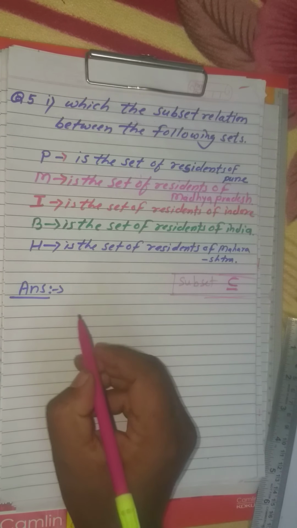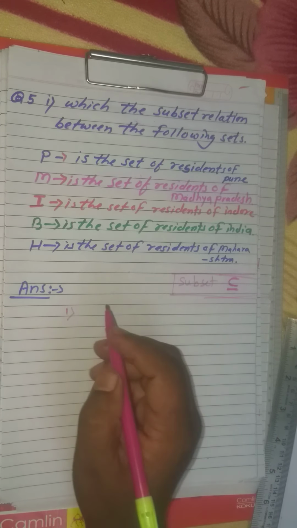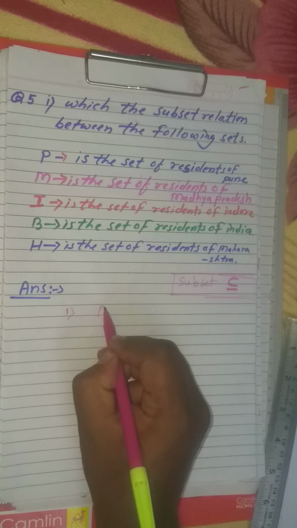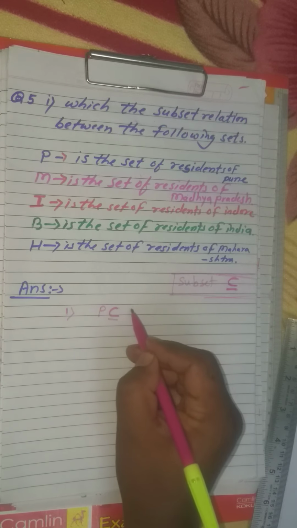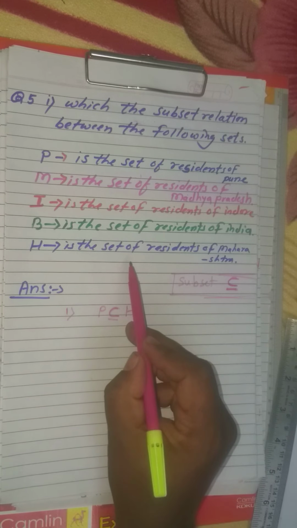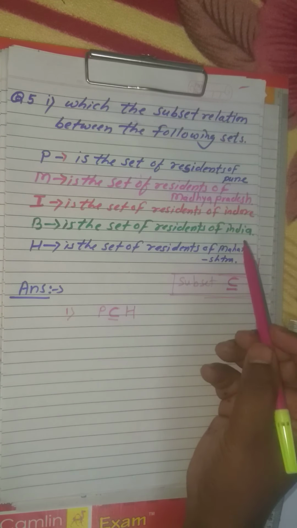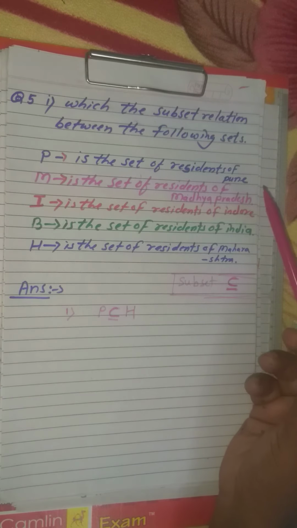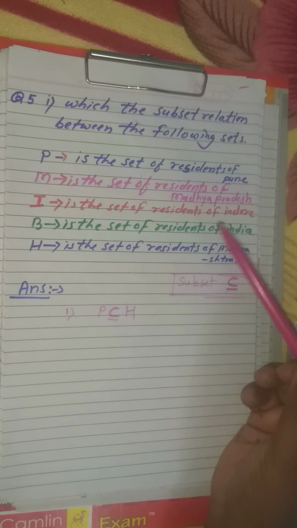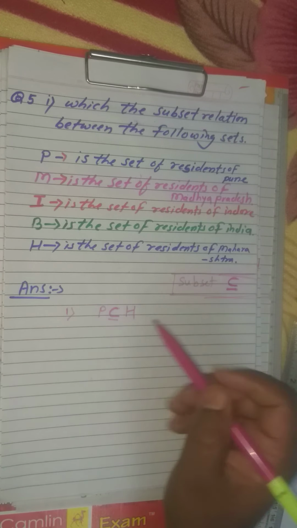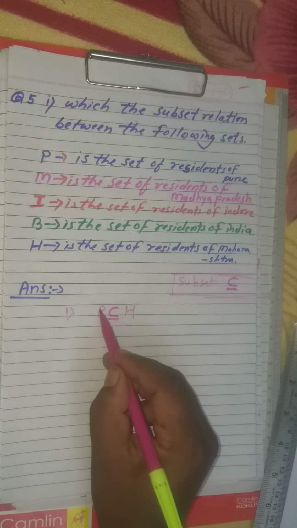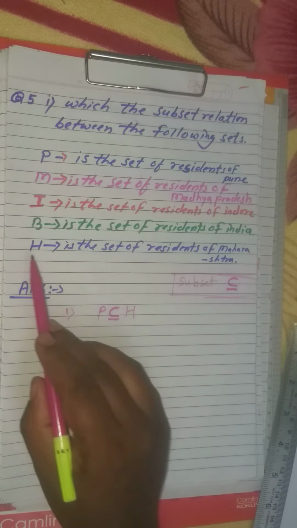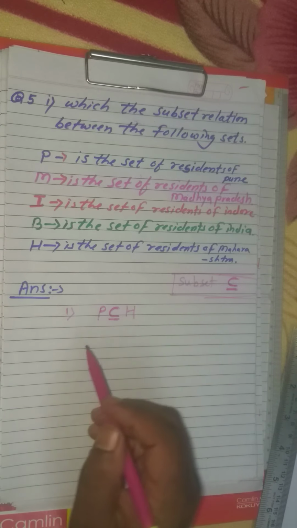So we can write the first answer in symbolic form: set P is a subset of set H, where H is the set of residents of Maharashtra. Whichever people are residing in Pune can say that they are staying in Maharashtra also. So all elements of set P come under set H, and P is called a subset of H.